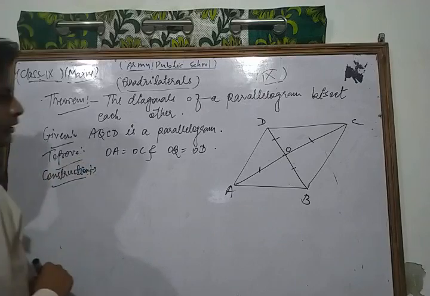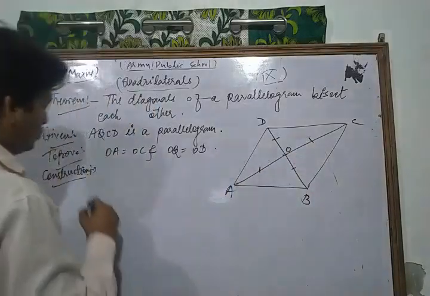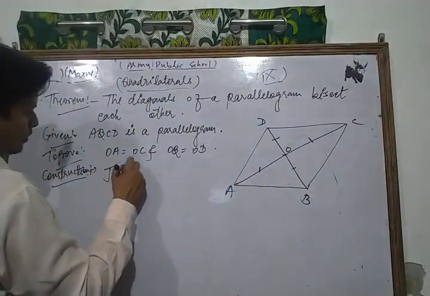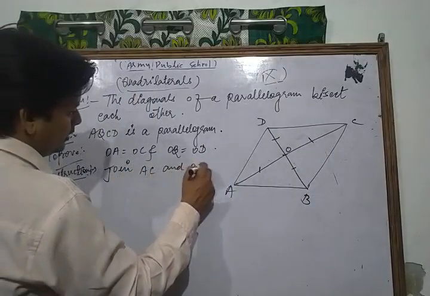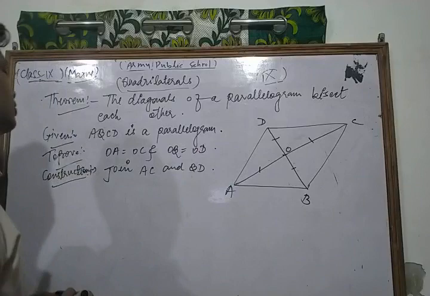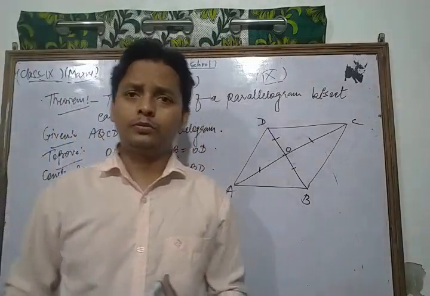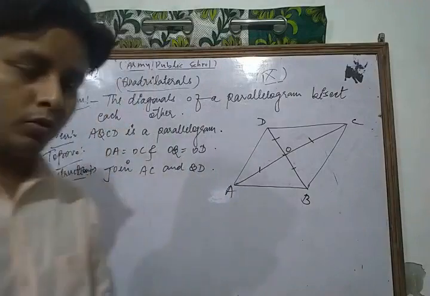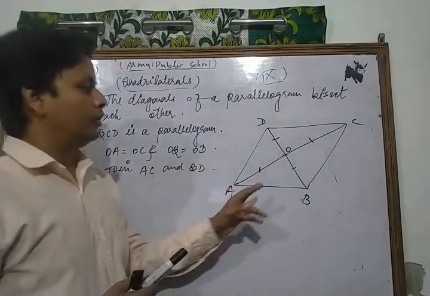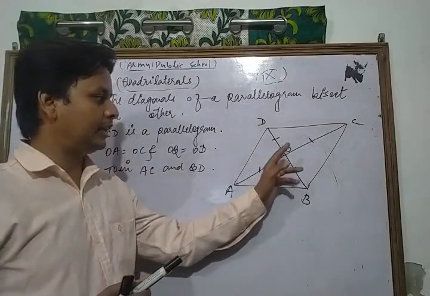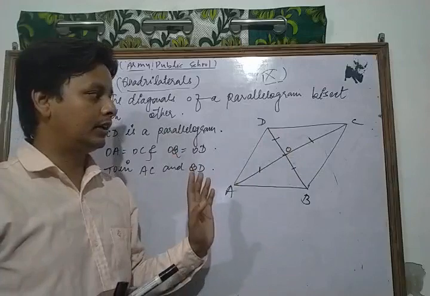What I do in that, we join AC and BD. Now what I do, dear friends, look, we take triangles AOB and COD.